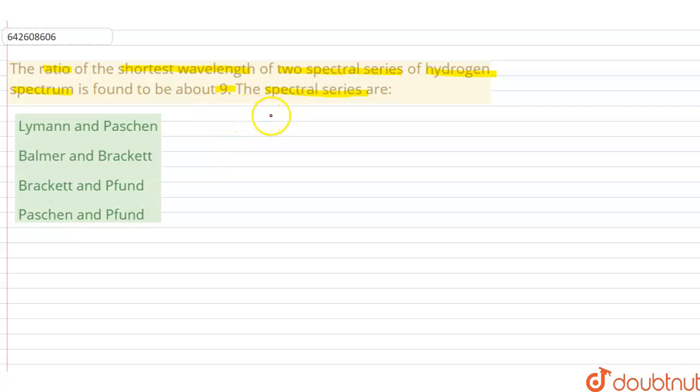Hailing from physical chemistry, the very first thing we need to recall is the Rydberg equation. Now, what is the Rydberg equation and how does it serve us here?